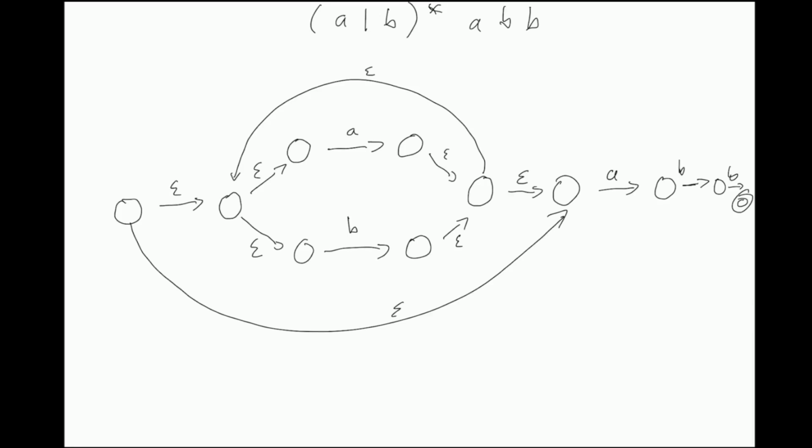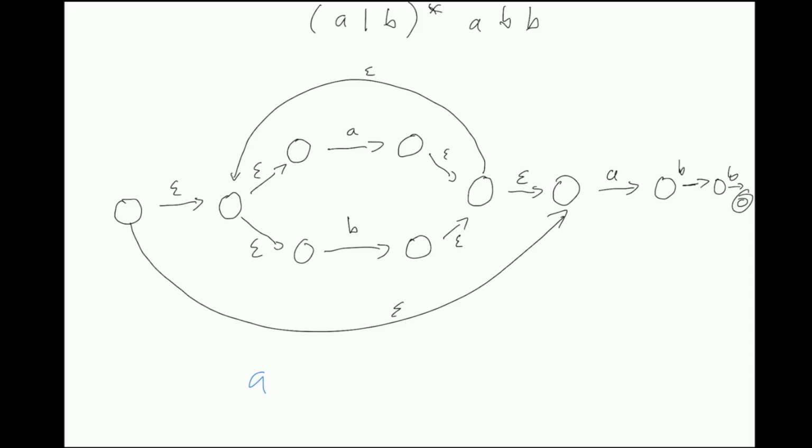Okay, let me actually go through an example of what matching a pattern would look like with this state machine. Okay, so let's do one of the examples we had before.